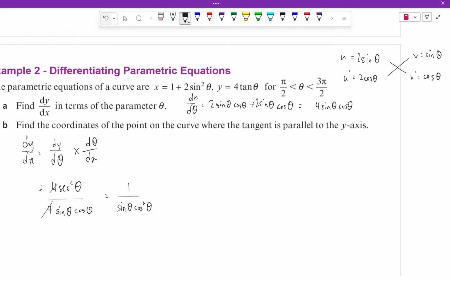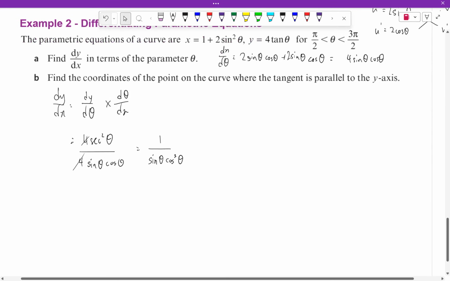Right. Find the coordinates of the point on the curve where the tangent is parallel to the y-axis.